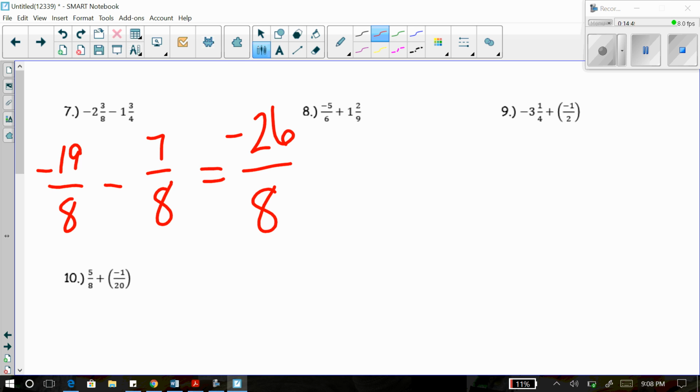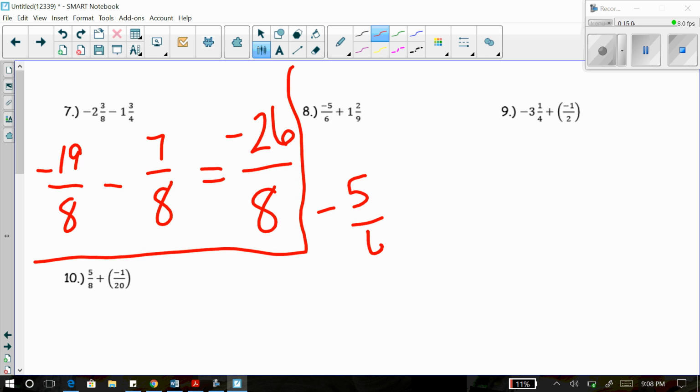All right, 8. Negative 5/6 plus 1 and 2/9. So step 1, change any mixed numbers into an improper fraction. So I'm just going to rewrite this as negative 5/6 plus 9 times 1, 9, plus 2 is 11.